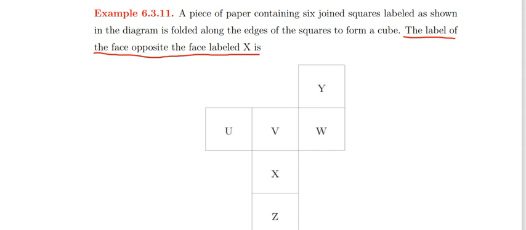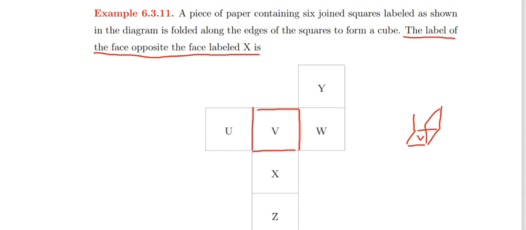Okay, so let's just make a box. We just put V as the bottom. So that's V. Okay, we put V as bottom. So then W. So W here.